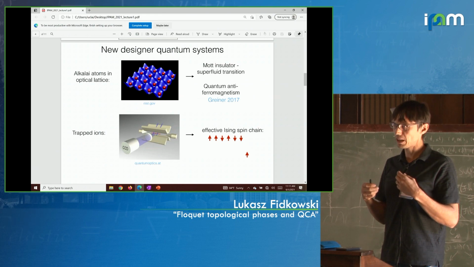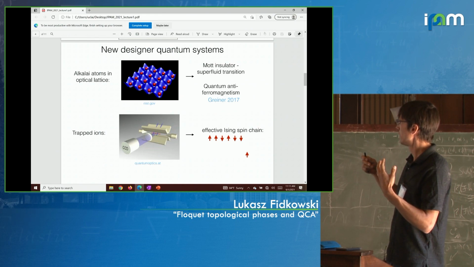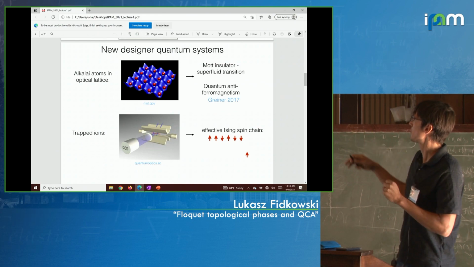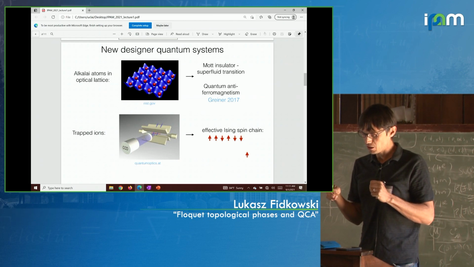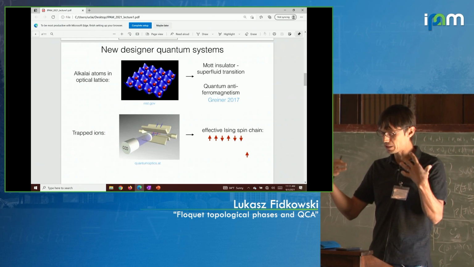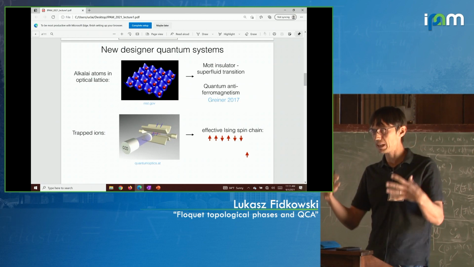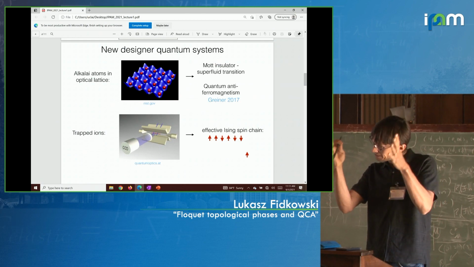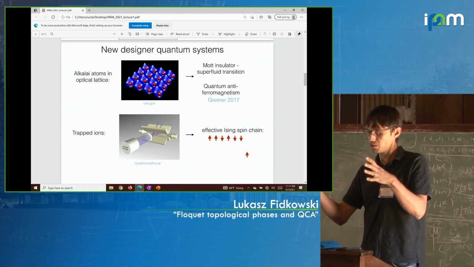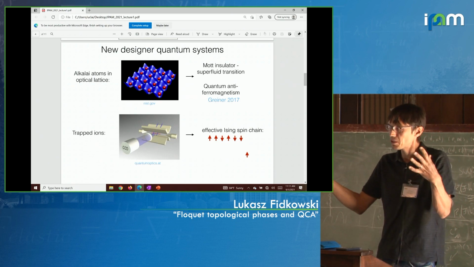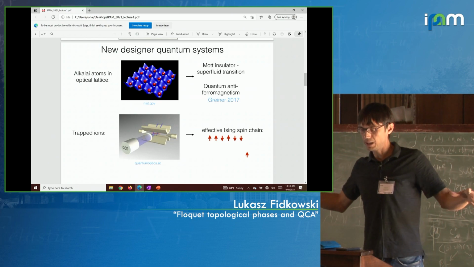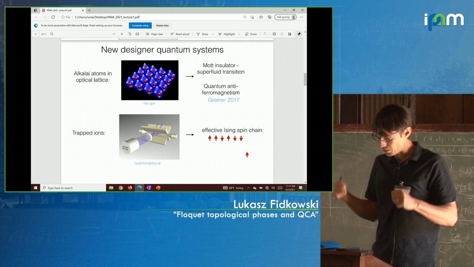But there is one very big problem with these kinds of new designer quantum systems. And it's the flip side of the fact that they're very clean and isolated. It's hard to cool them down to the ground state. If they're isolated and aren't really coupled well to the environment, it just means they're hard to cool down. You need coupling to environments to take away the energy and cool the system down to a ground state.